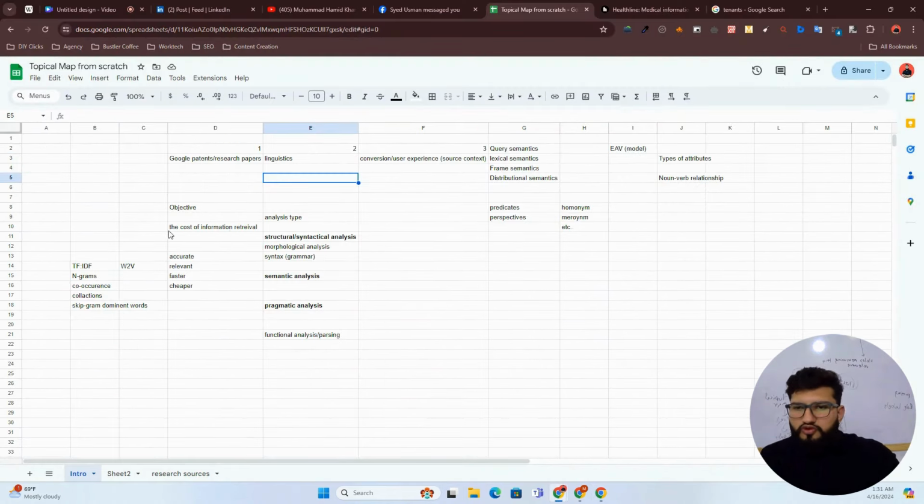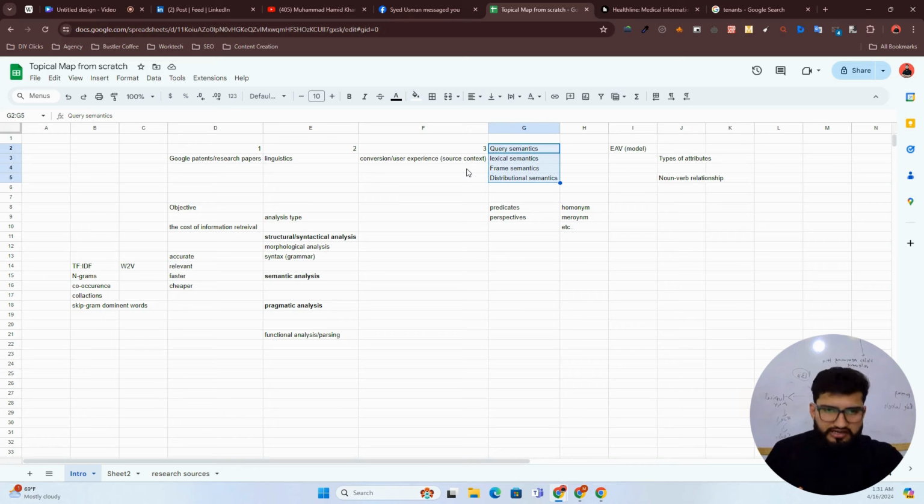So before moving forward, it's important to uncover these four important concepts. There are multiple types of semantics when we do semantic SEO, like simultaneous semantics, annotational semantics, structural semantics, and the list goes on.